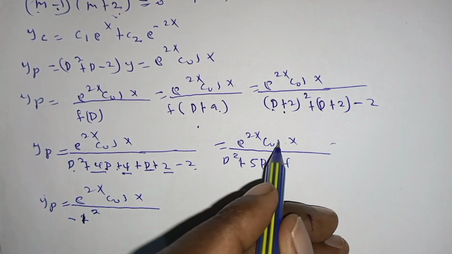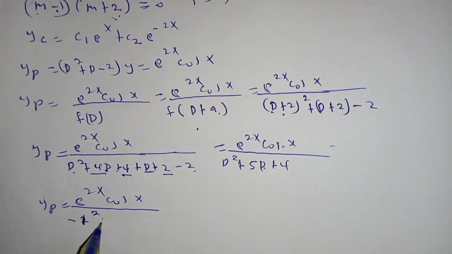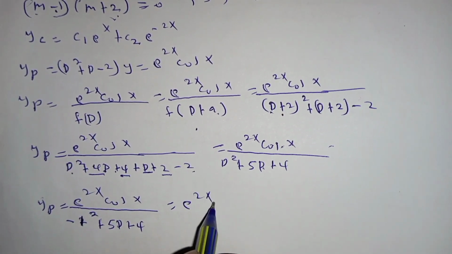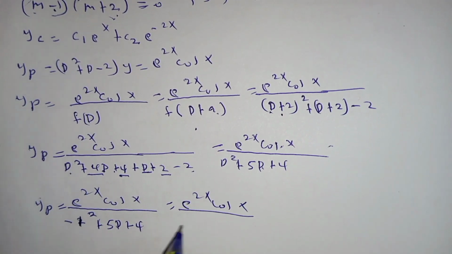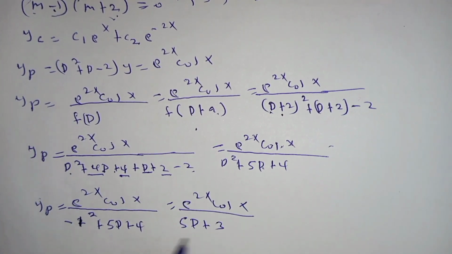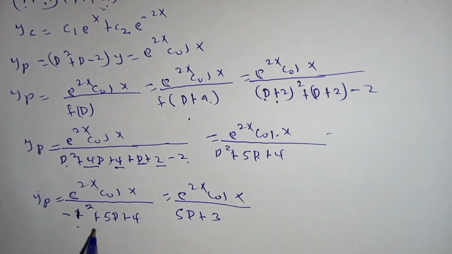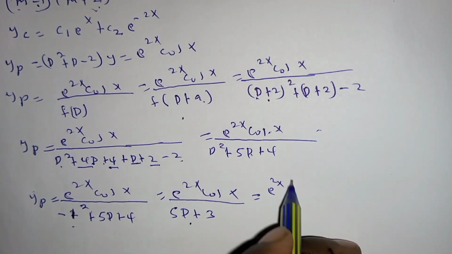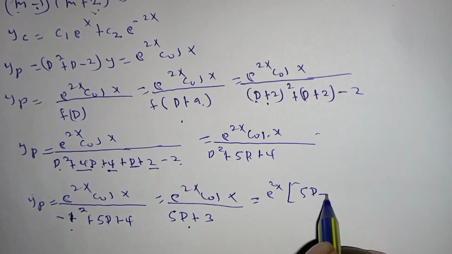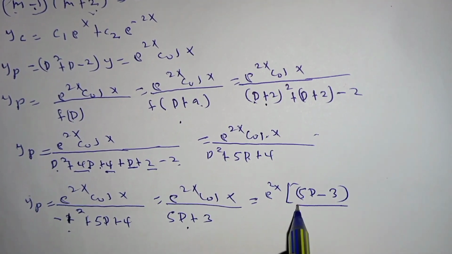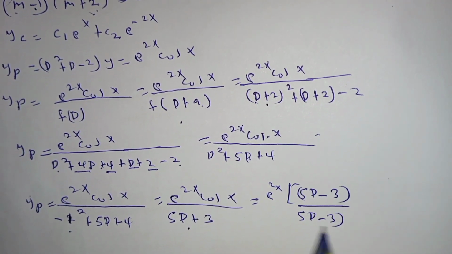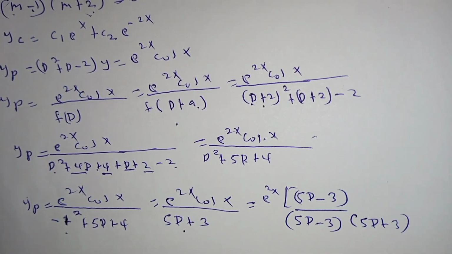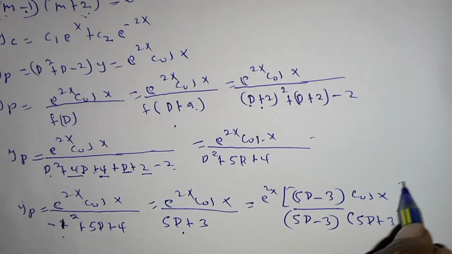We are substituting the coefficient of x here, which is 1, plus 5d plus 4, which is equal to exponential 2x cos of x divided by 5d plus 3, because this is minus 1 and plus 4, which is equal to exponential 2x into bracket 5d minus 3 divided by 5d minus 3 multiplied by 5d plus 3, everything cos of x.